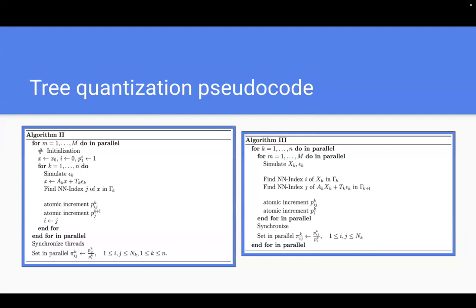On the left, you can see the pathwise algorithm. M is the number of paths, and in the second loop, where k is equal to n, n is the number of time periods. So on the outer loop on the left, we worry about pathwise, and on the right, we worry about timewise.